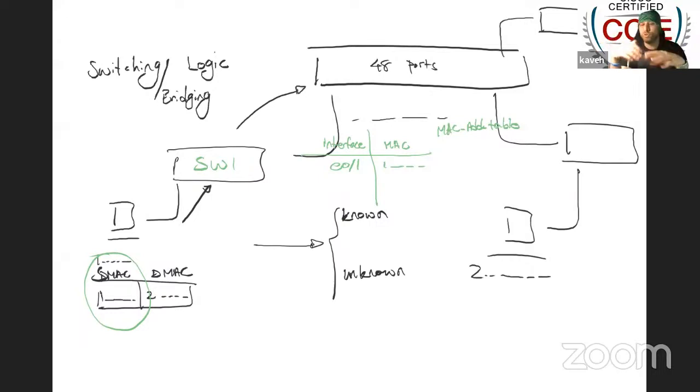It looks like the unknown unicast or the broadcast, but it has a difference also. We're going to talk about multicast traffic forwarding later in this class. We have a very interesting part in this class where we're going to talk about the multicast way to forward the traffic, okay? So for the beginning of this class, let me just show you something that will be very interesting for all of you.